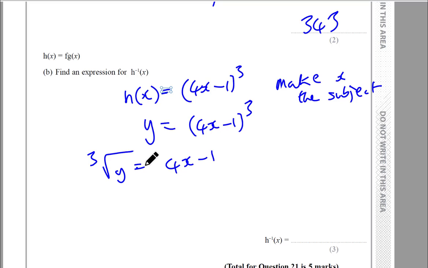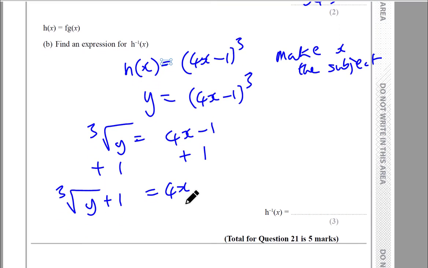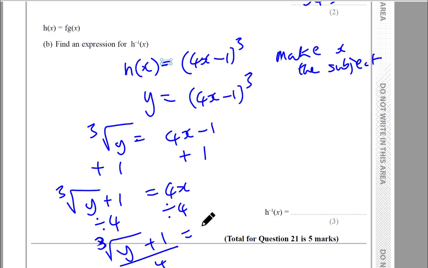So this isn't actually too bad. Plus 1. Plus 1. So let's say that's the cube root of y plus 1 equals 4x. And we're going to divide out by 4 now. So cube root of y plus the 1 is on the outside, all over 4 equals x.